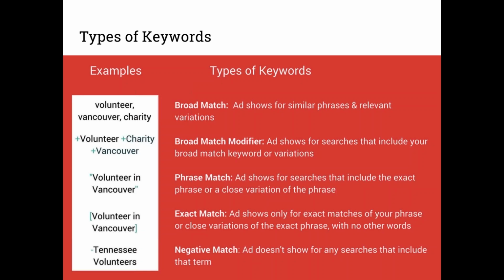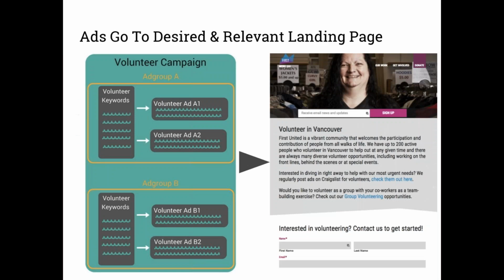Generally, we'll start with broad match until we can maximize spend and learn more, and then we'll start using these other types of keywords to hone in and optimize as we go. So the end result is something like this, where you have a campaign that has a bunch of keywords in an ad group, which point to ads, which then point to a landing page.